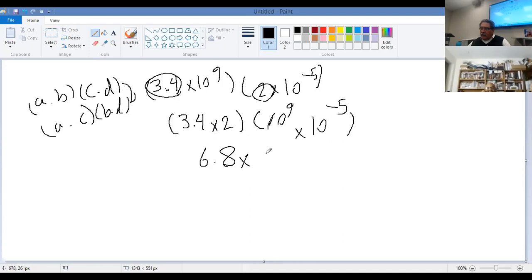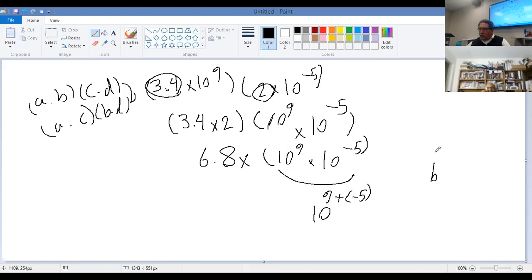Now I have here 10 to the power of 9 times 10 to the power of minus 5, okay? So this is the same as, the bases are the same, 10 to the power of 9 plus minus 5. The rule was this, remember, b to the power of m times b to the power of n is the same as b to the power of m plus n, okay?